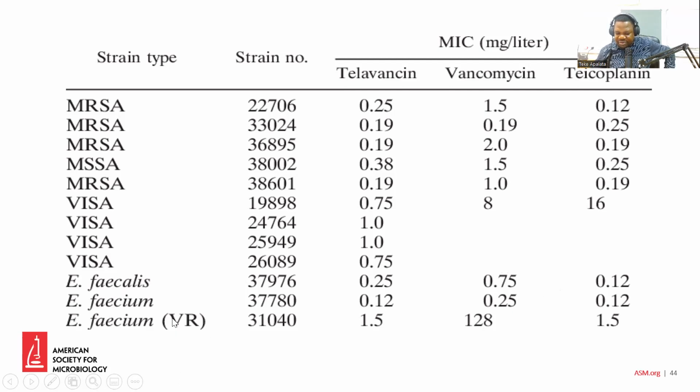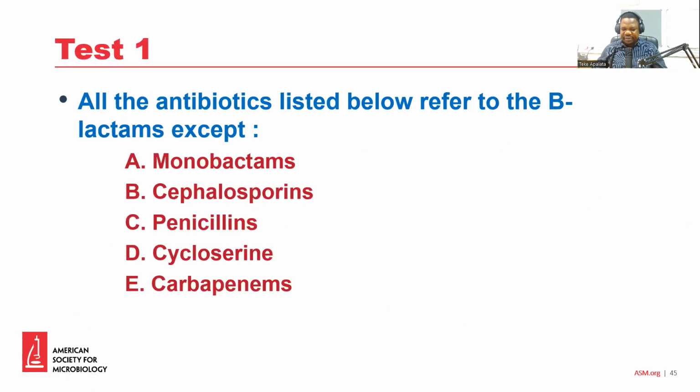But for faecium, there is another very resistant strain that vancomycin cannot even be used against. But telavancin and teicoplanin had a very low MIC according to this study.